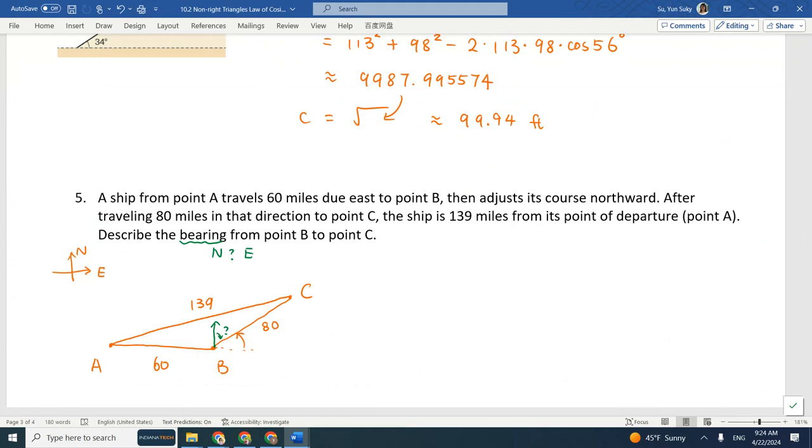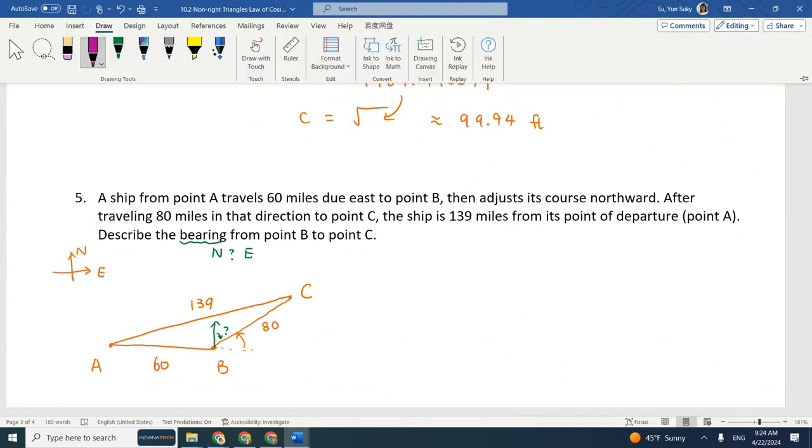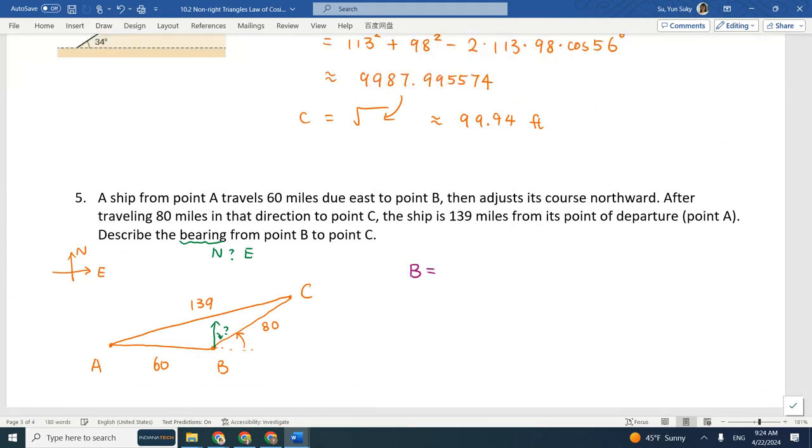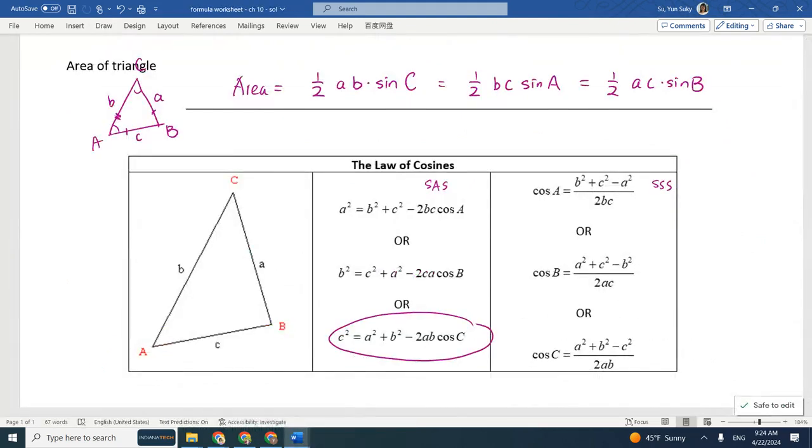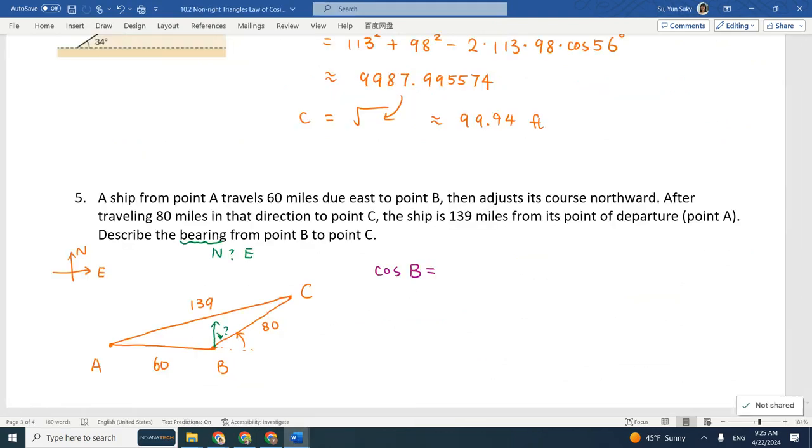So let's find B. And because we're looking for an angle, we use the right set of formula. And the angle B. Yes, everybody? So you can imagine this angle B is acute or obtuse.